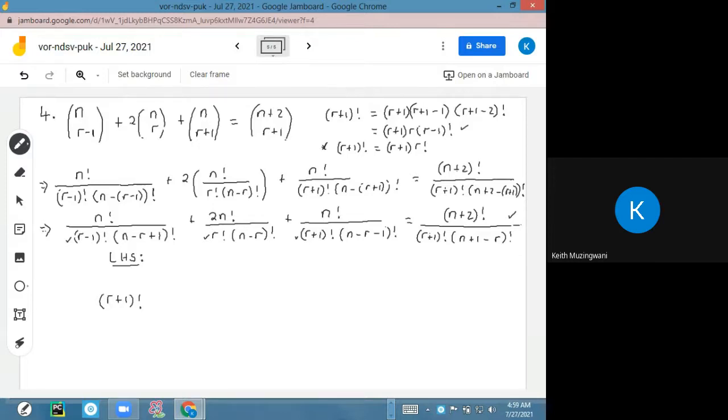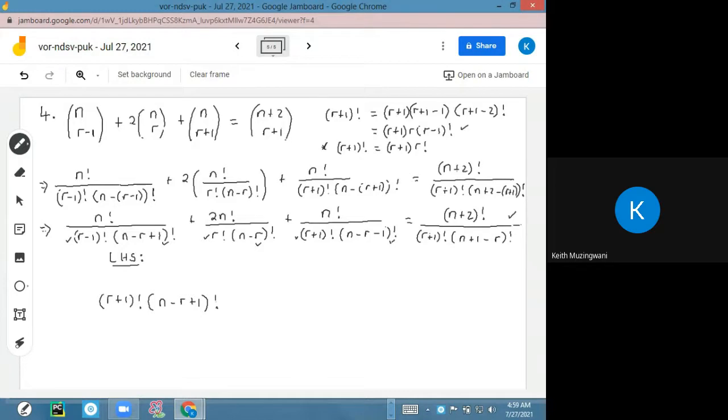So we have r plus 1 representing all the r's here, then multiplied by n minus r plus 1 factorial to represent itself, to represent this if you subtract 1, and to represent this if you go as far as 2.